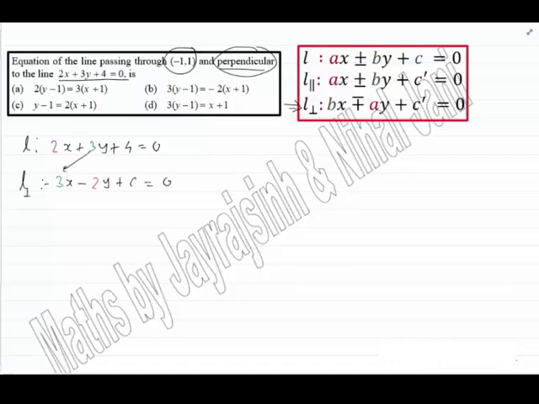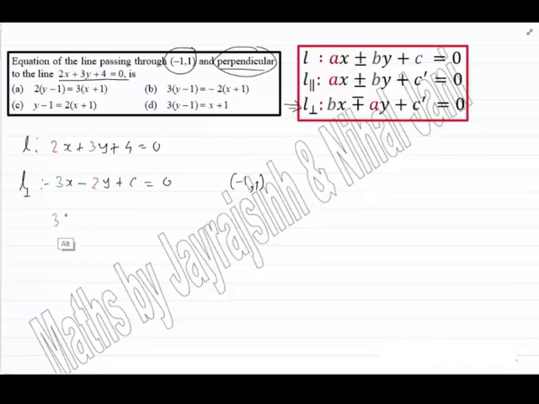We have to exchange the coefficients of x and y and the sign. Now we just have to find the c, and we know that for getting c we are going to use the point. This line is passing through (minus 1, 1), so let's put the point in the equation to get the value of c.